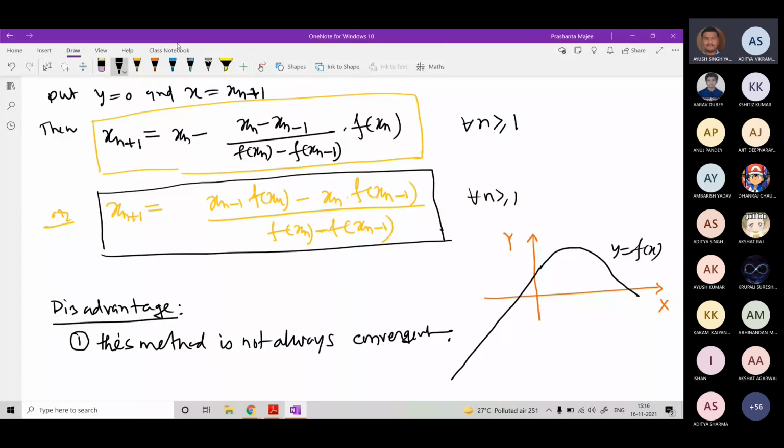Yes, sir. So where is the root? Here, this intersecting point, this is the root alpha. Now take 2 points here, starting points x0 and x1, P and Q. In this method, what do we do? We draw a chord joining these 2 points, is not it? If you draw a chord joining these 2 points, which chord will you get? This line?